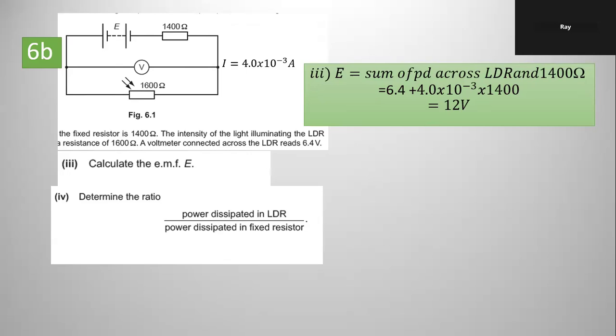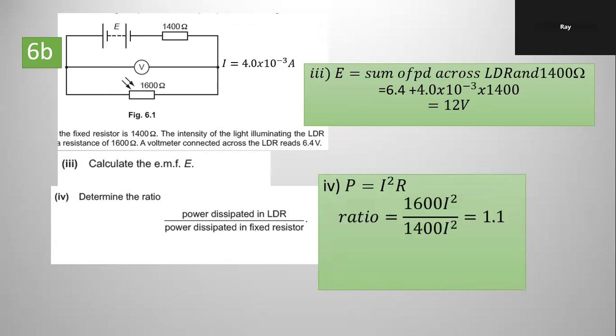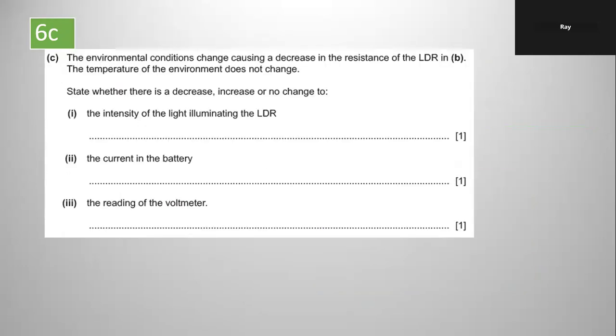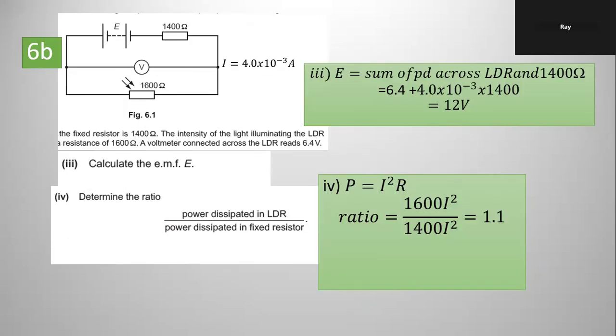So it's just to get you to use the power formula, I squared R or V squared over R. Can get one by one. Yeah, I got it. Okay, good.